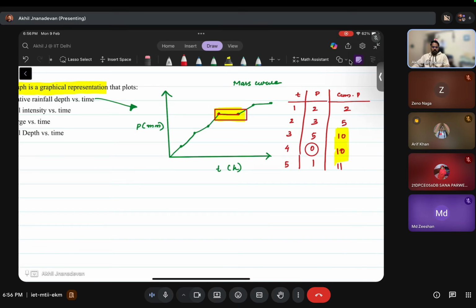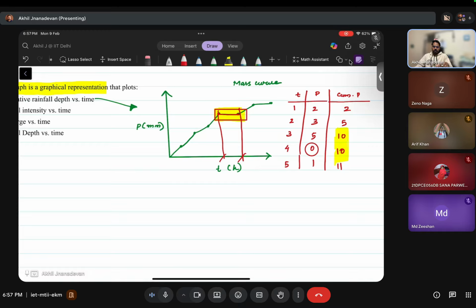So the mass curve, as you said, is the total accumulated mass of the rainfall, measured in depth, that we are plotting. If the mass remains constant throughout that time, it means no more mass is being added to the system in that interval, no more quantity of rainfall is getting added.